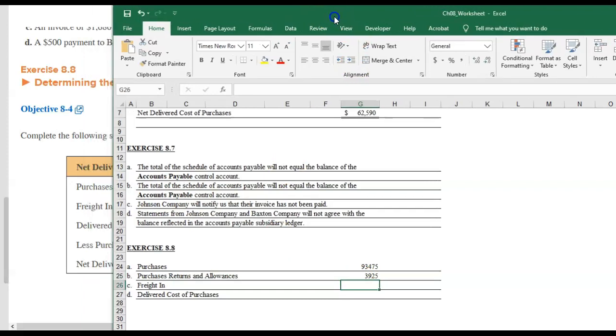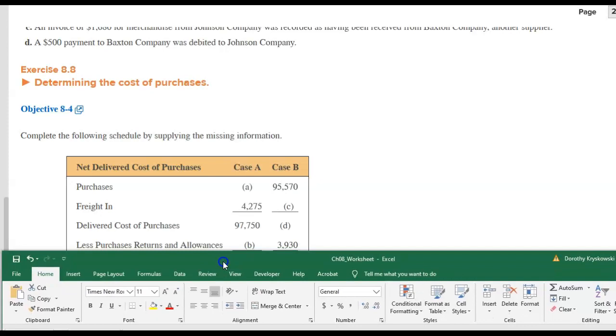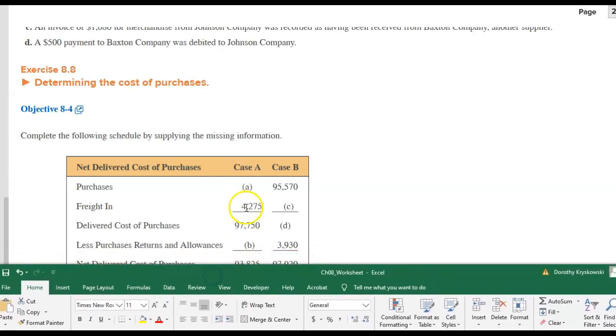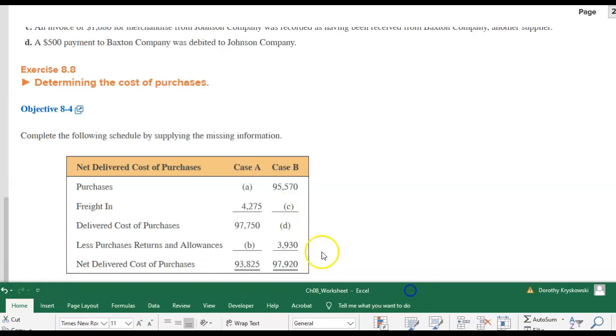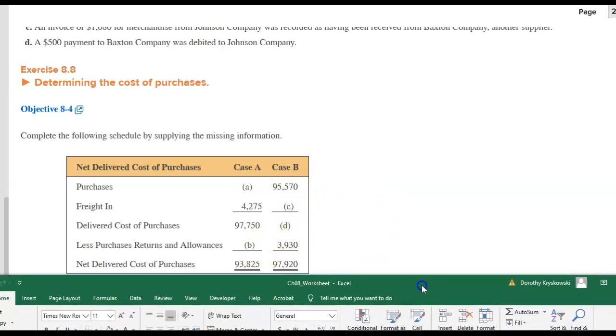And what was our freight in? They gave that to us right there. But actually they're asking us for, let's see, the following is missing from the schedule. So we're supposed to do A, C, B, and D. So that's what we're doing here.